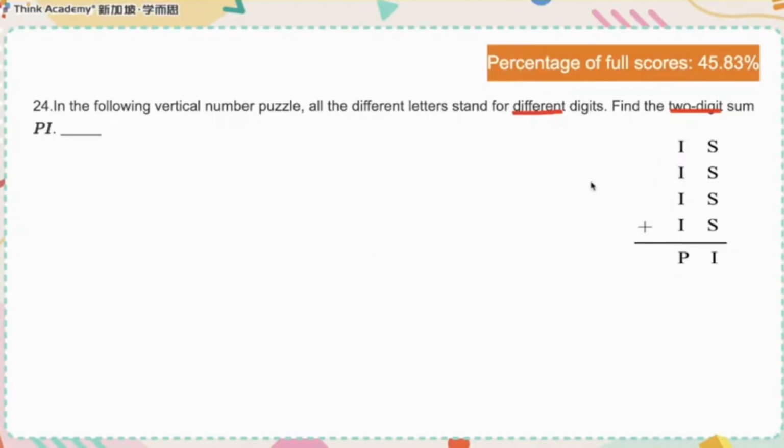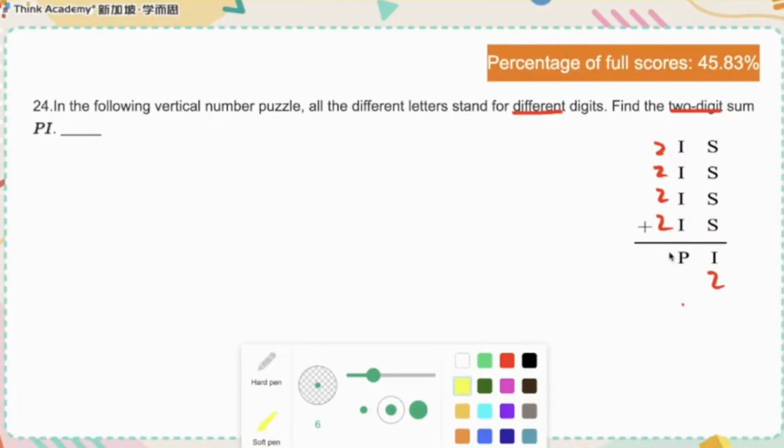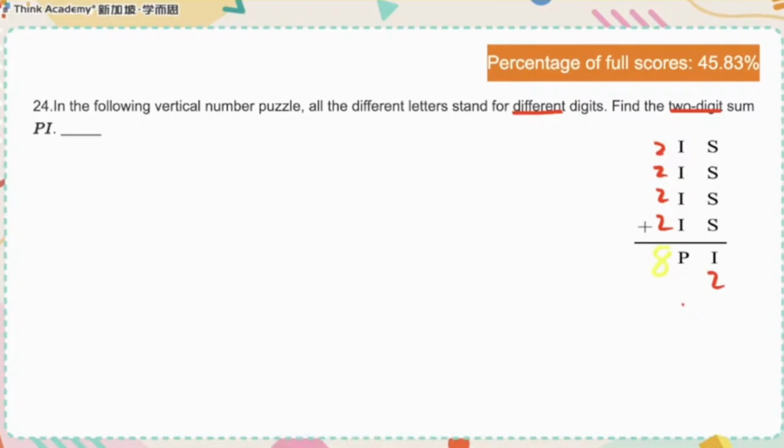So how about we try the I is 2? Then the P is how many? Maybe it is 8. Let's see. But actually, 8 is wrong. Later, I'll tell you why. Let me write it down first.